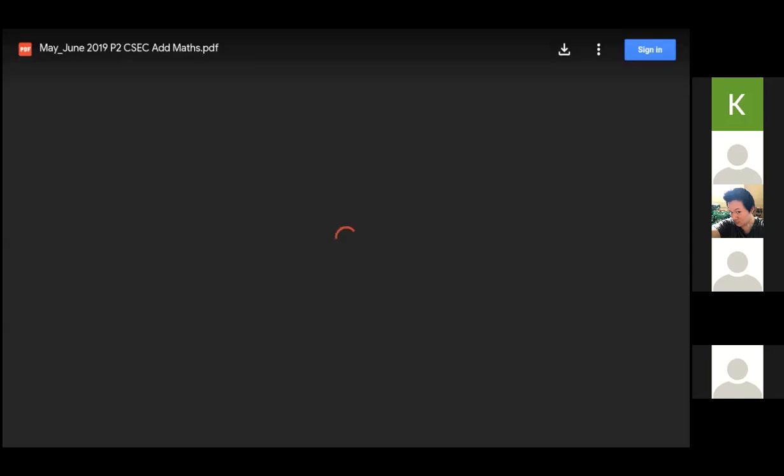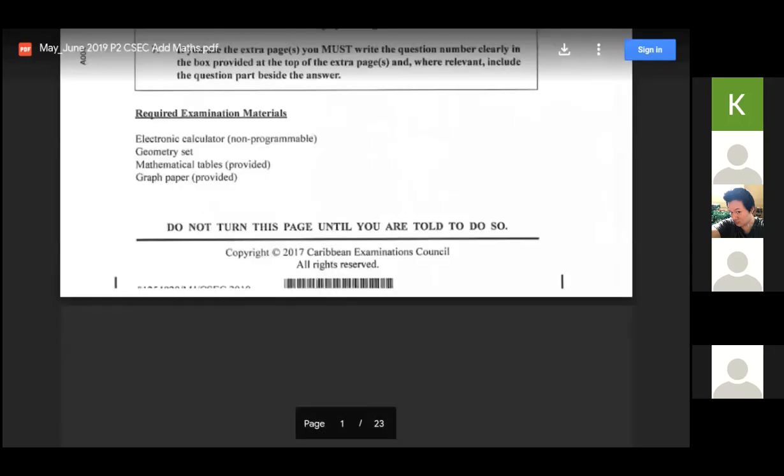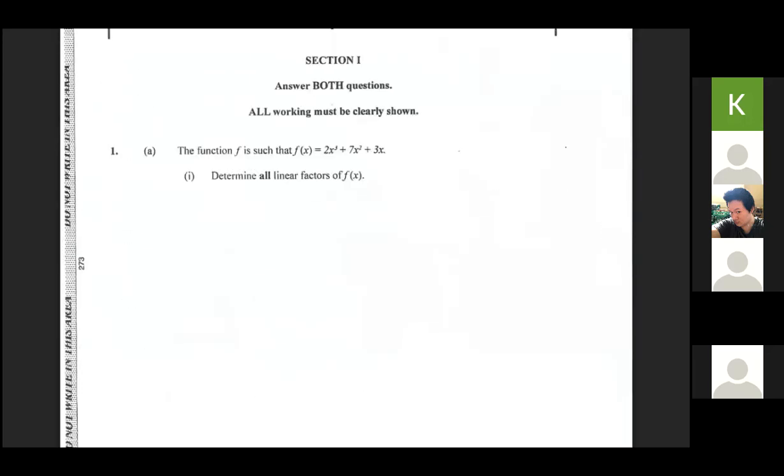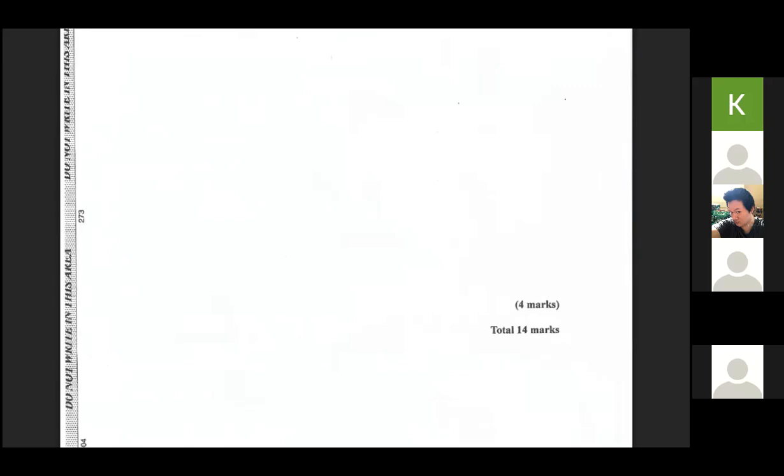But non-physics students, does anybody not know what a line of best fit or best fit line is?